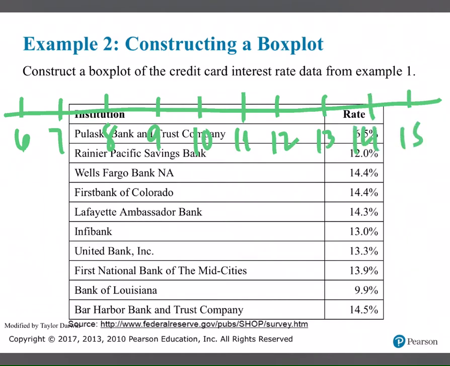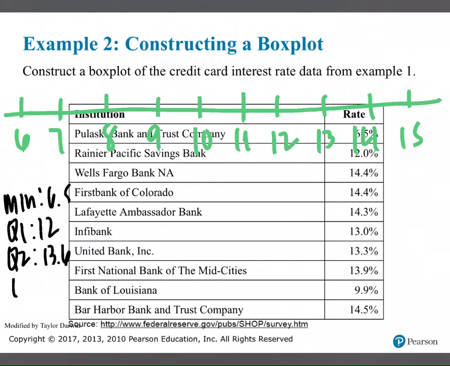Okay, and I'm going to write all my information again really quick. My min was 6.5. My Q1 was, let me find it again, Q1 was 12. Q2, aka the median, was 13.6. Q3 was 14.4.